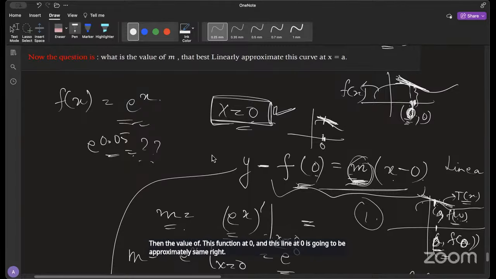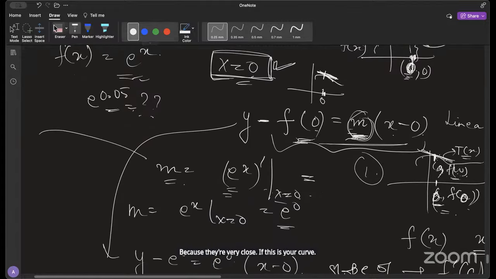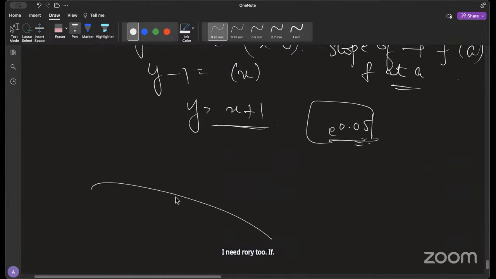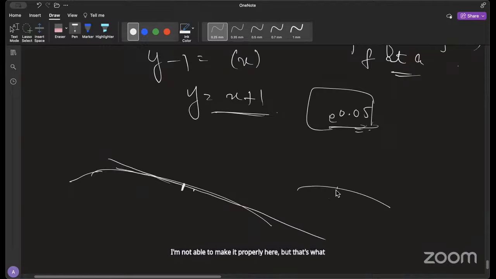Because they're very close. If this is your curve, let me draw it here. If this is your curve, and you draw a tangent here, it touches and passes, right? I'm not able to draw it properly here, but that's what happens when you have something like this and the line passes through here.